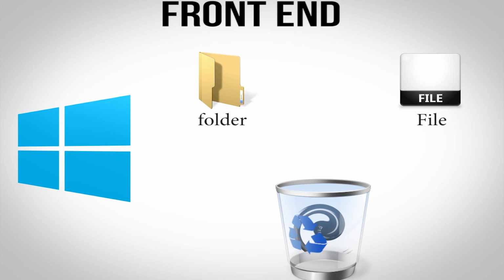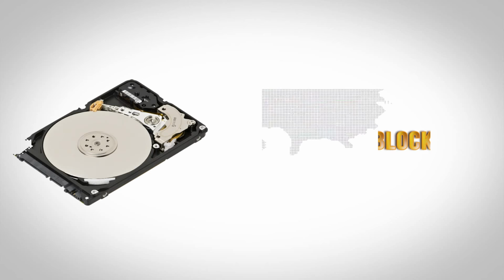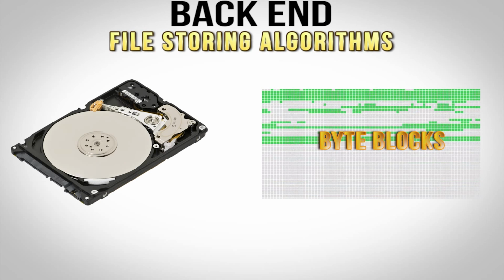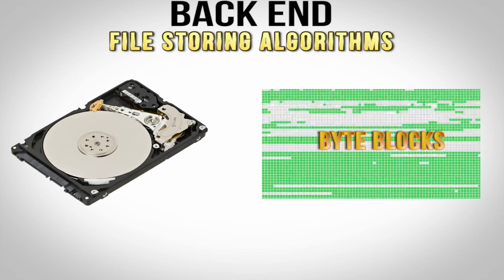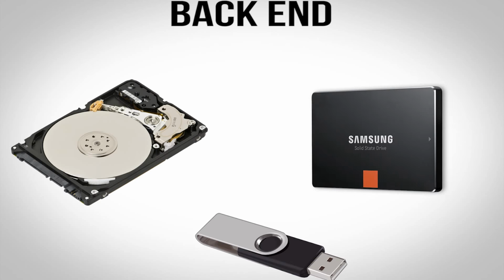But here is a surprise, the file won't be permanently deleted from the storage device. Yes, when you go back to the back end, your storage device uses different file storing algorithms to store data inside the storage device. As per these algorithms, the data to be stored will be split into byte blocks.